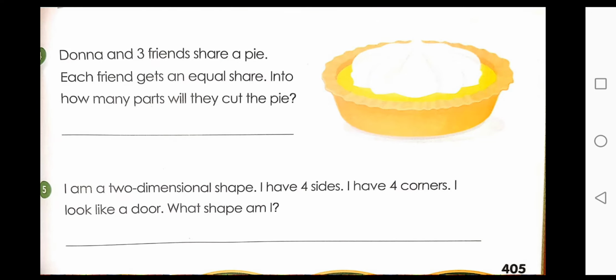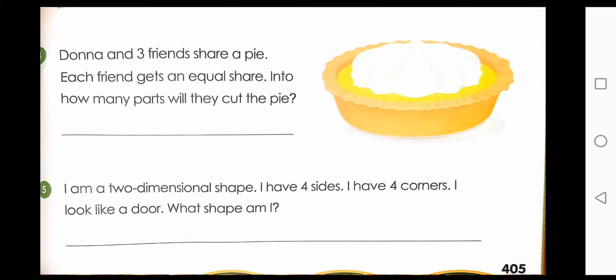Now, Donna and 3 friends shared a pie. Each friend gets an equal share. Into how many parts will they cut the pie? We have 3 friends and Donna, so they are 4 in all.